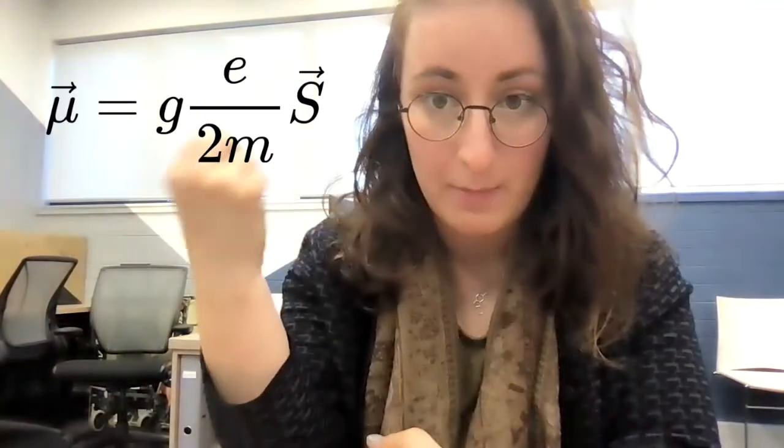That's why we refer to G-2, because G is the coupling that we see between the spin of the particle and the magnetic field. And we're measuring the difference between G and 2.